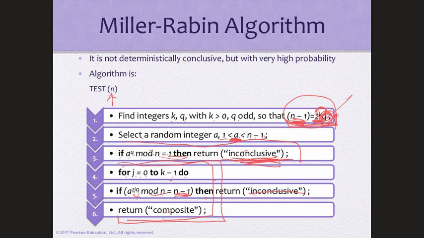Okay. So in these two steps, it's either inconclusive or non-prime. But when do you reach the step to say, okay, this is prime? Never. You will have to do an extra test. So if your number ends up in one of those two inconclusive situations, you have to figure out another way to actually confirm if it's a prime number or not.